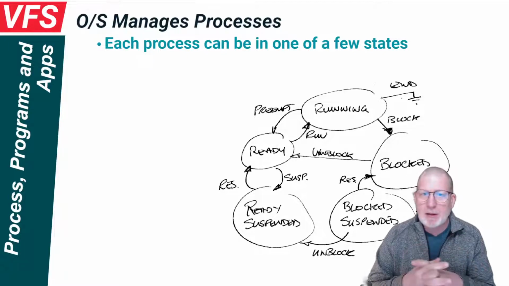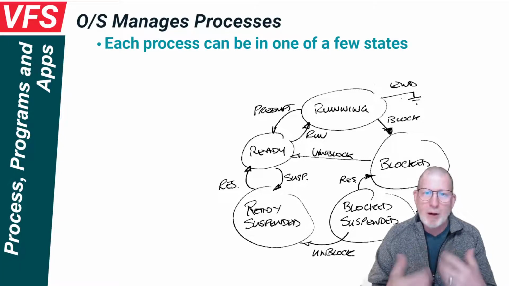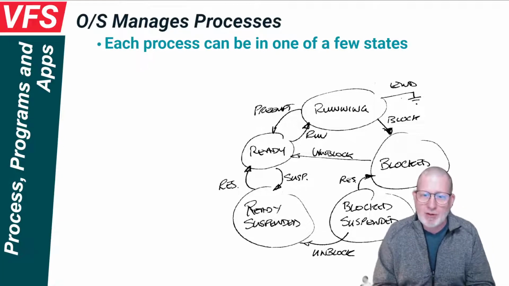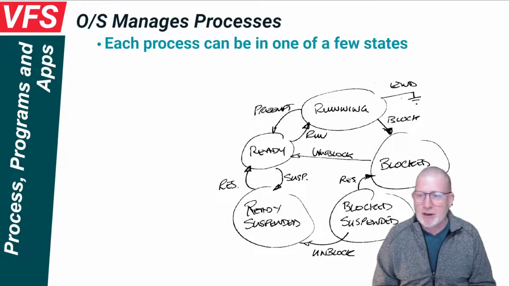Now, this particular state machine is kind of what your operating system is doing with every application as it starts up. Your program starts, we create a process which allocates memory in the operating system's list of running processes.